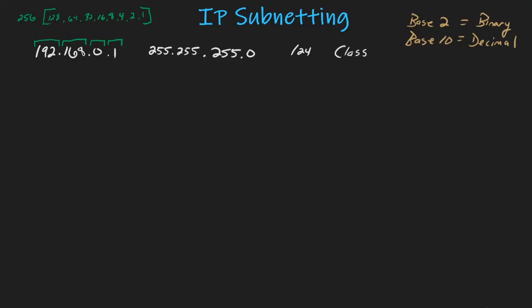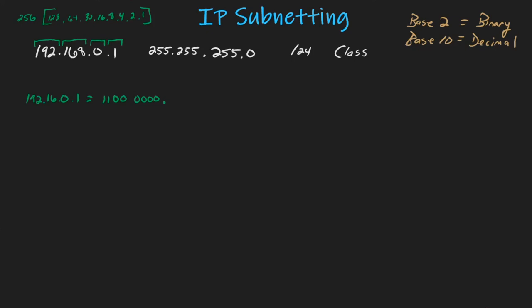So we'll start with the IP. So 192.168.0.1 equals 11000000, and the dot denotes that we are crossing an octet. So this is 1 octet here.